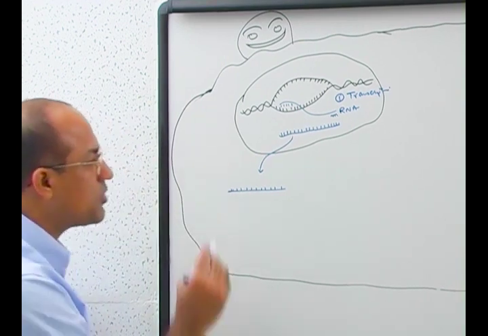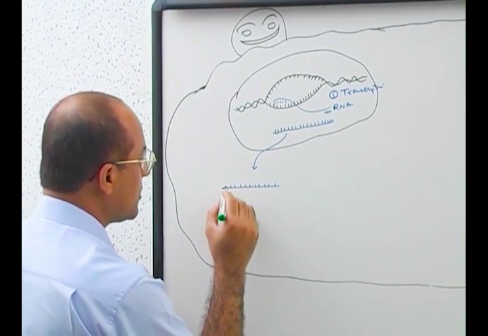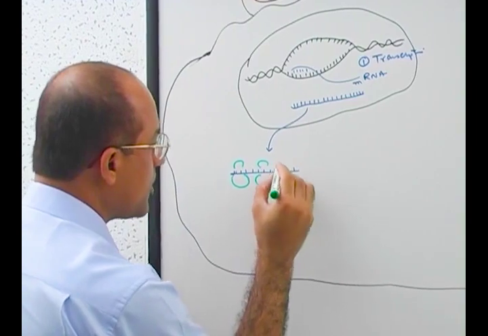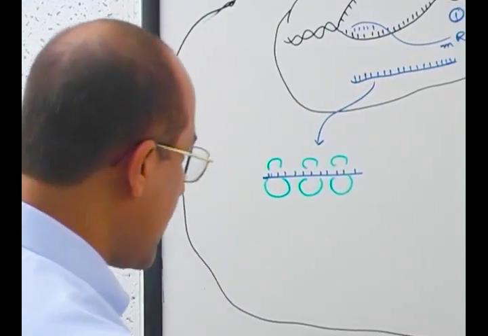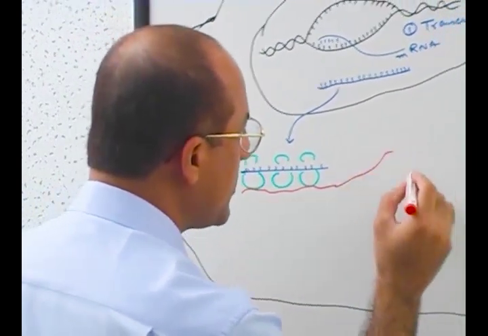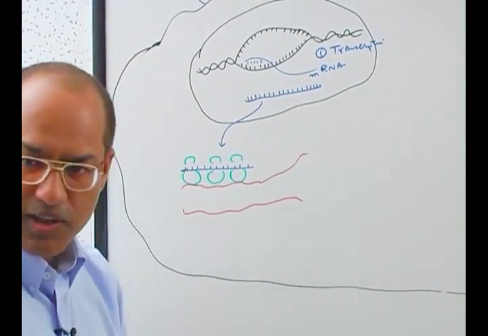Is that right? Now, this messenger RNA will be arranged on ribosomes. What is this? These are ribosomes. These ribosomes are attached on, yes, what is this? Endoplasmic. You know endoplasmic reticulum? What is endoplasmic reticulum?